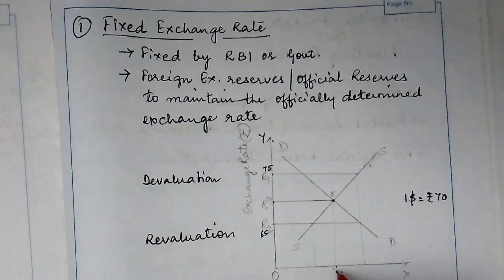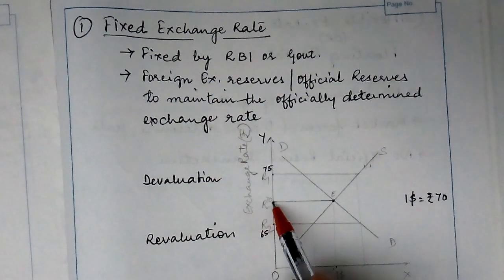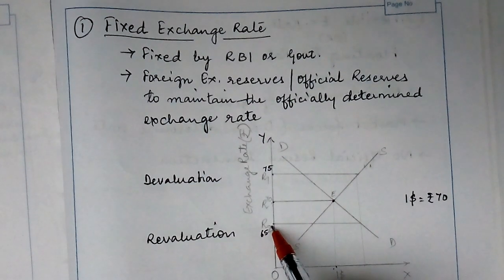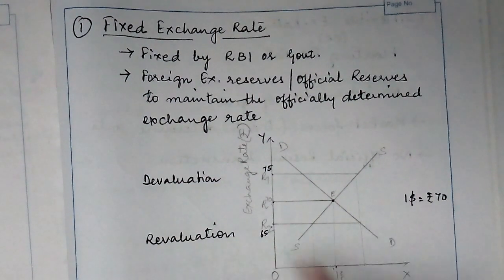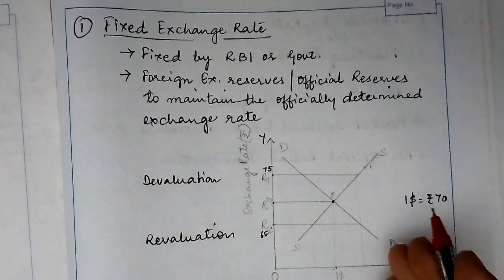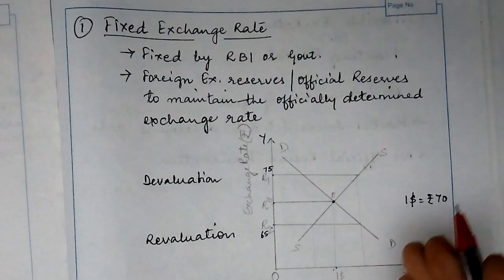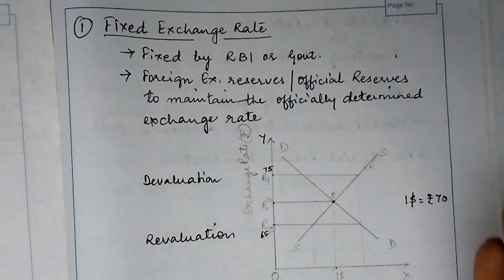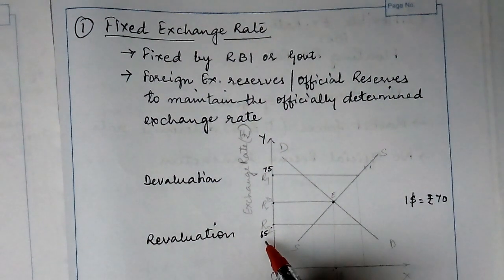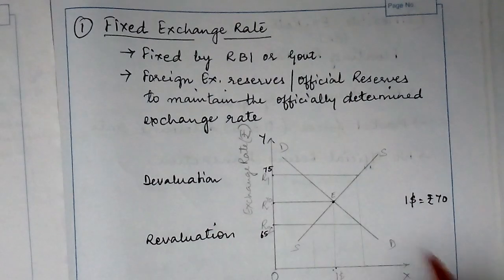Because now for $1, where we used to pay 70 rupees, we now pay only 65 rupees. So this is called revaluation because it makes the domestic currency costlier in terms of foreign currency. So that is how we understand this graph.